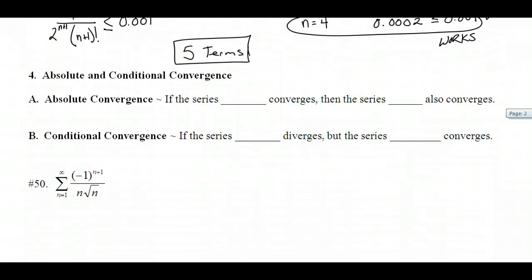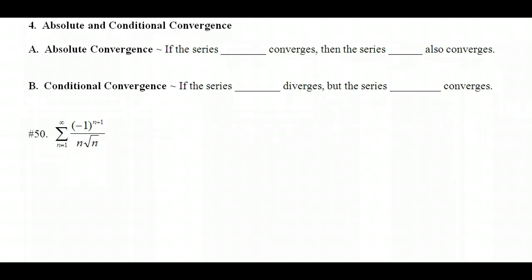Alright, and the last thing in this section is absolute convergence and conditional convergence. What we're looking for here, and there's always a confusion of what these things actually mean. Absolute convergence basically means, would this converge even if it weren't an alternating series? So does this converge absolutely, no matter what, whether it's alternating or not alternating?